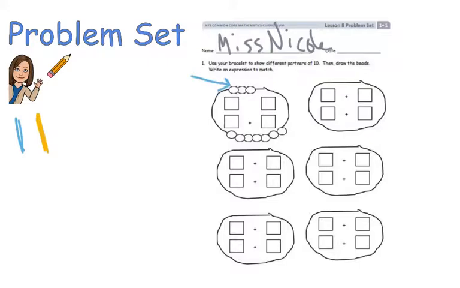I want you to make the 3 beads blue. It doesn't have to be perfect, but make sure you can see each bead. Okay. Now I want you to make the beads on the bottom here yellow, and I want you to count how many beads there are.